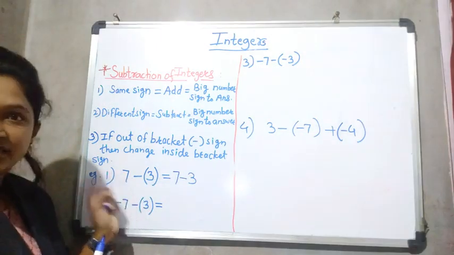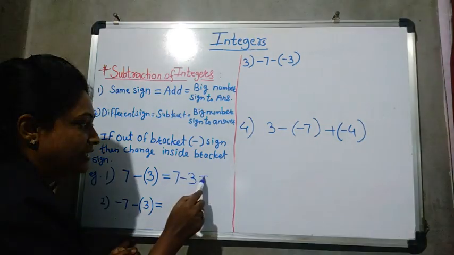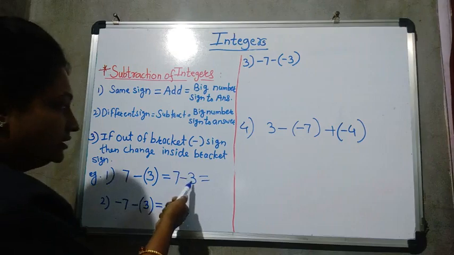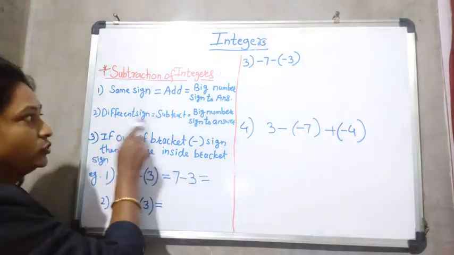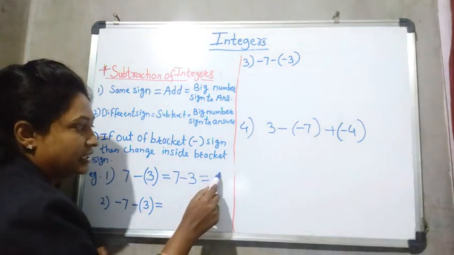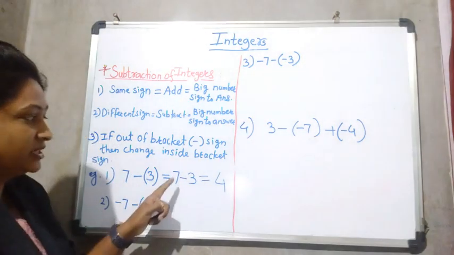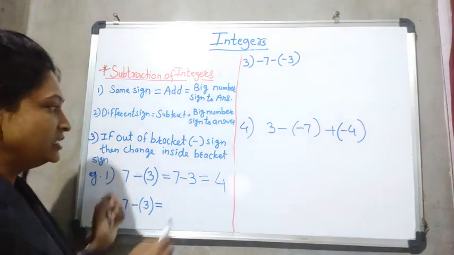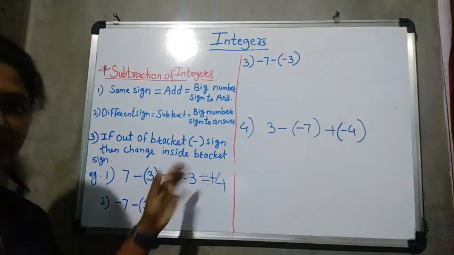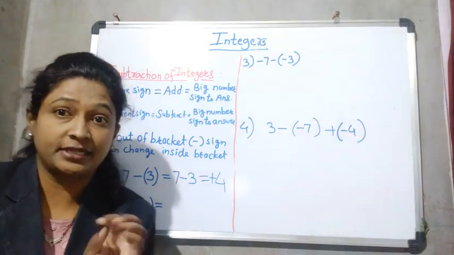Now 7 minus 3: both numbers have different signs, 7 positive and 3 negative, so we have to subtract. 7 minus 3 is 4. The bigger number is 7 with a positive sign, so the answer is positive. If you don't write the positive sign, that is also okay, but the negative sign is necessary.